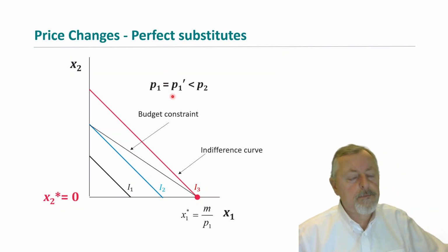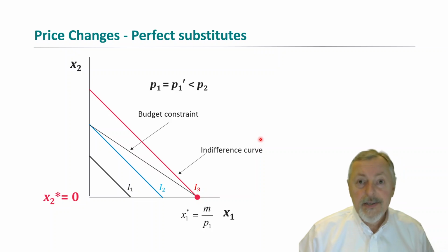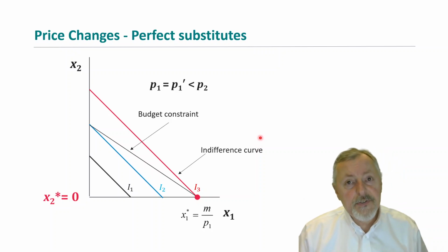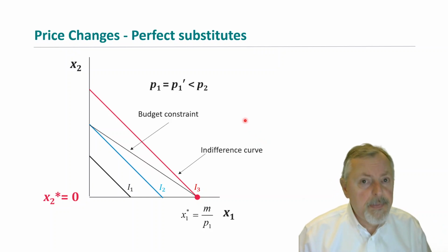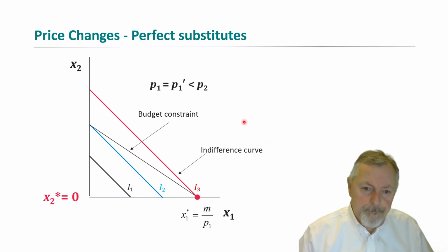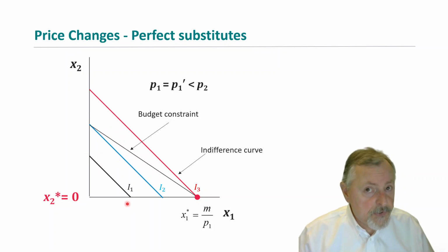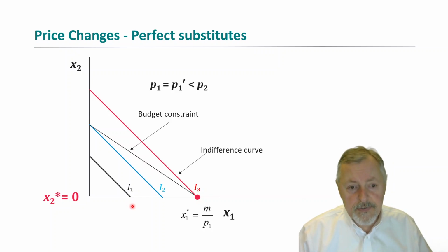Okay, now here. This graph can be a little misleading at first. You're used to seeing budget constraints as straight lines and indifference curves as, well, curves. But here, because they're perfect substitutes, this red line and this blue line and this black line, these are indifference curves. They just happen to be linear because these things are perfect substitutes.